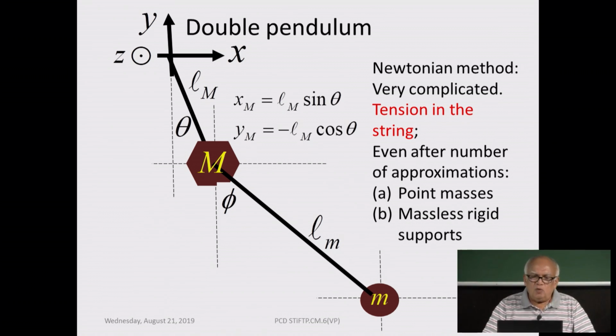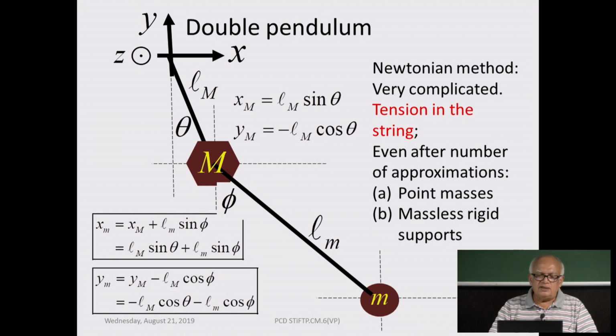and you can write the coordinates of the first mass, which is the uppercase capital M, the bigger mass if you like, okay, and then you can write the coordinates of the lower mass as well, and you can write it with reference to the coordinate frame which I have shown, which is the x axis going to my right, y going in this direction, and then z will be perpendicular to the plane, and it will be an arrow pointing toward me in the Cartesian frame of reference, right.